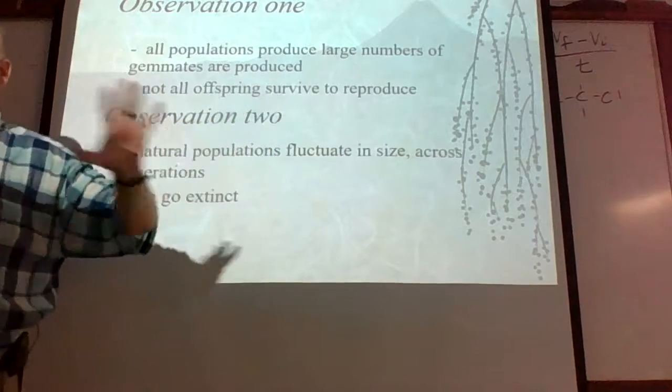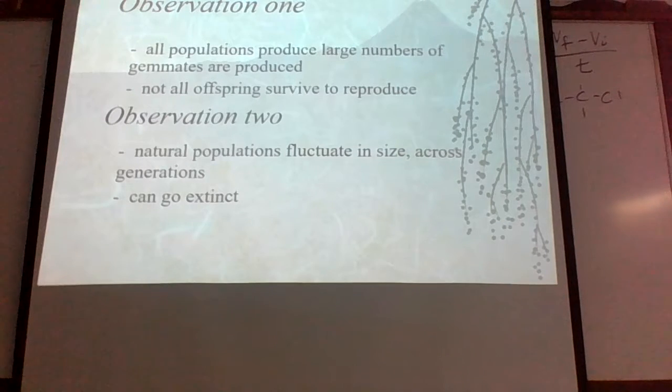Why, if there's 50 being produced in a clutch, are not all the offspring surviving to reproduce, do you think? Because it might be their environmental conditions, yes, it might be their food source, but it has something to do with what they're going to do.